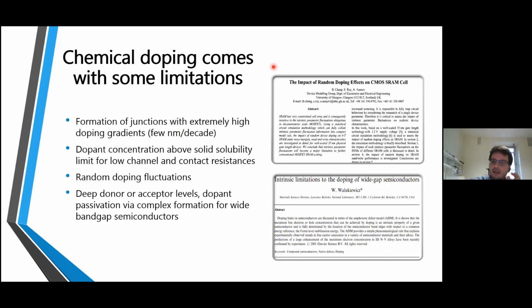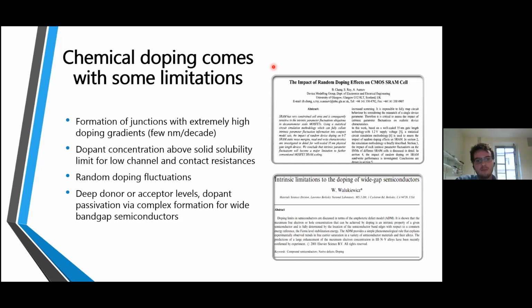At the nanoscale, there are some issues related to chemical doping, which may be random doping fluctuations, dopant concentrations which have to be above the solubility, thus limiting channel and contact resistances, as well as the chemical doping of a novel class of semiconductors, the wide bandgap semiconductors, which is a bit difficult for these materials.